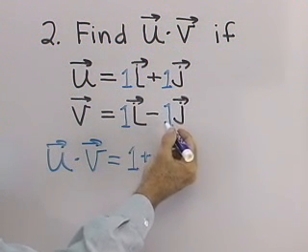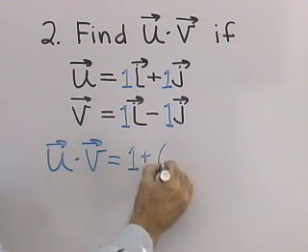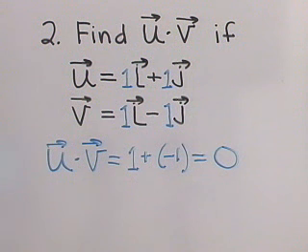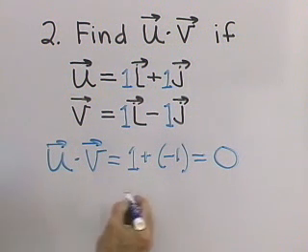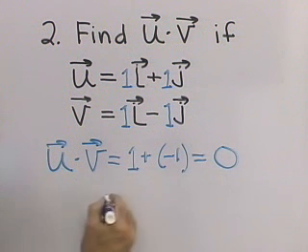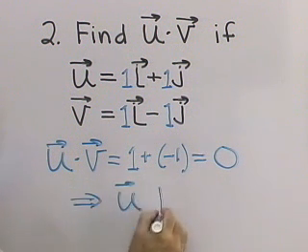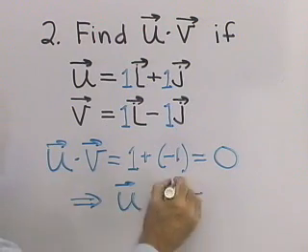Plus 1 times negative 1 is going to end up to be negative 1, and that comes out to be 0. So I have negative 1 plus 1 is equal to 0, and whenever my dot product comes out to be 0, that implies that the vectors u and v are perpendicular.